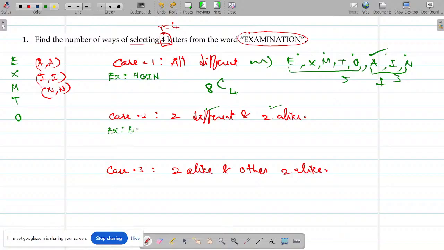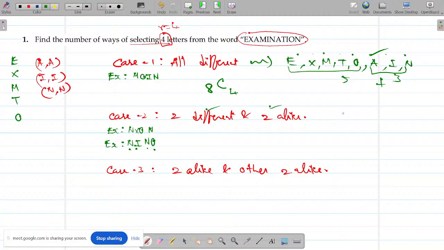Two alike, so N and N. I took it correctly only now. N, X, O, N: two different and two alike. Another example: probably I'll take N two times, I once, and O once. See, two alike and two different.